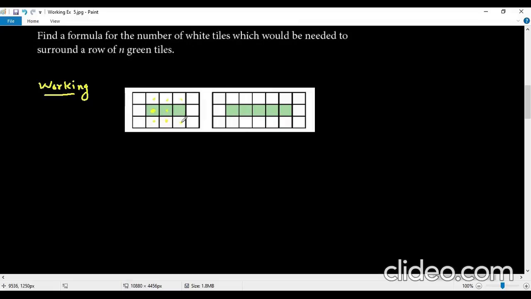So for 3 green ones, it has 6, and plus 1, 2, 3, 4, 5, 6. That means it has to be 2n plus 6. So double the number of n and add it to 6. That means this is going to be your given formula to find out the number of white tiles to surround the green tiles. This is the end of this exercise, I guess.